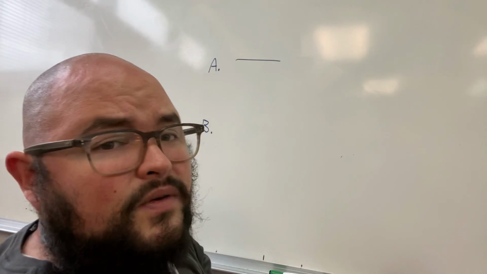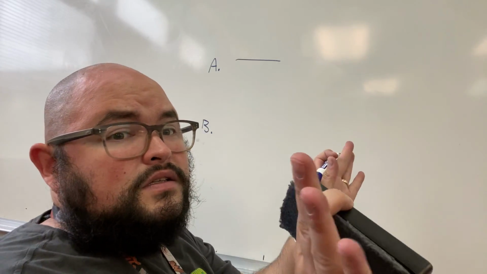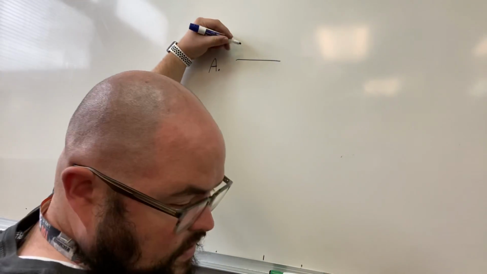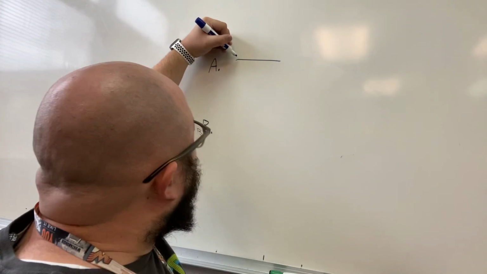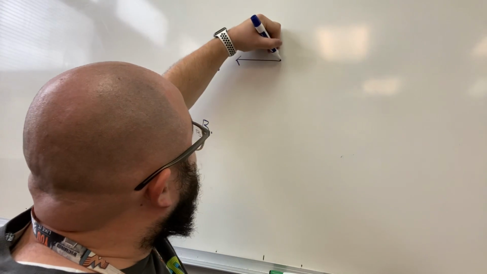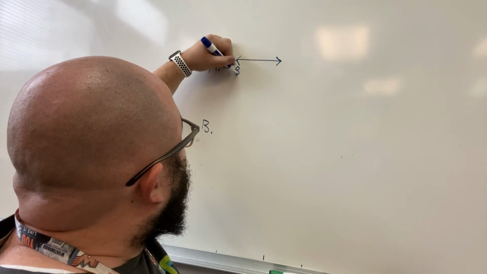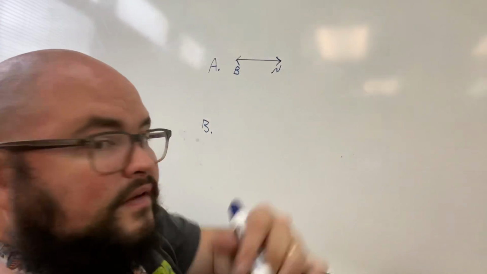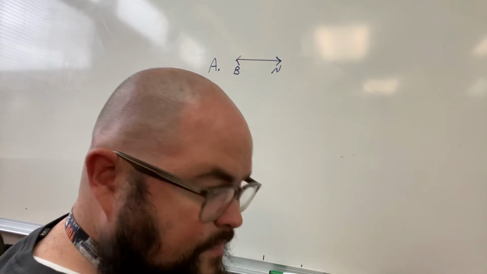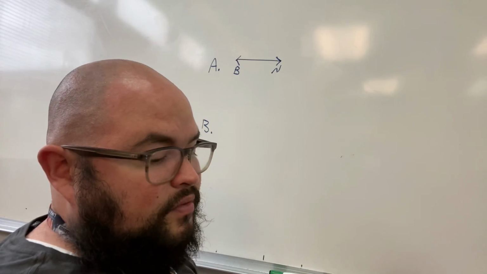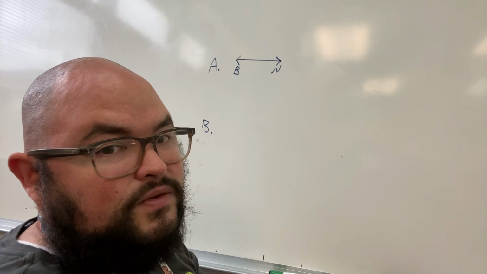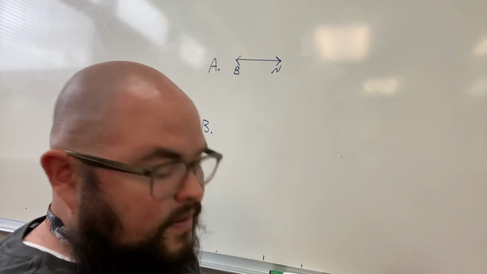And it's a line, so it has 2 arrows. So we need to draw and label line BN. So we're going to put our arrows. And this is line BN. Always use capital letters when you're dealing with your points, line segments, lines, and rays. It's easier to read.